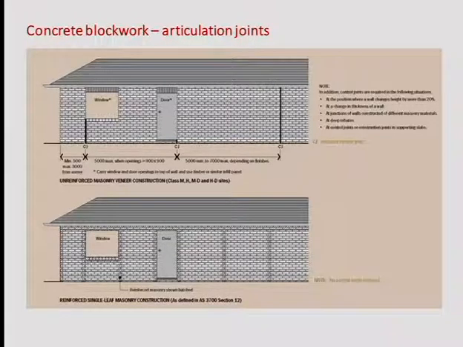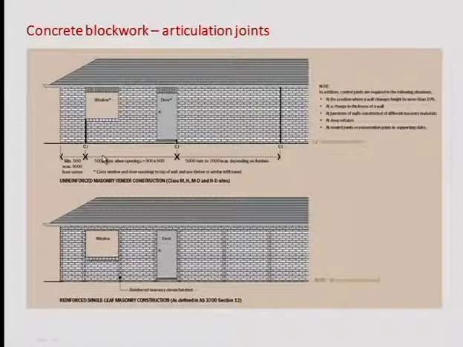Roughly speaking, look at the elevation of your houses. Every time you have a wall which is longer than 6 meters, you have a problem. So in this case, you see 1, 2, 3, 4, 5, and then articulation joint. In this case, you have a window and a door, so you can make sure that the second one can actually be placed here, or maybe in the middle of the window.